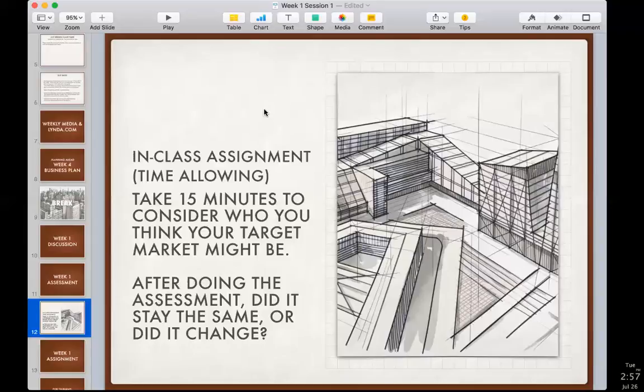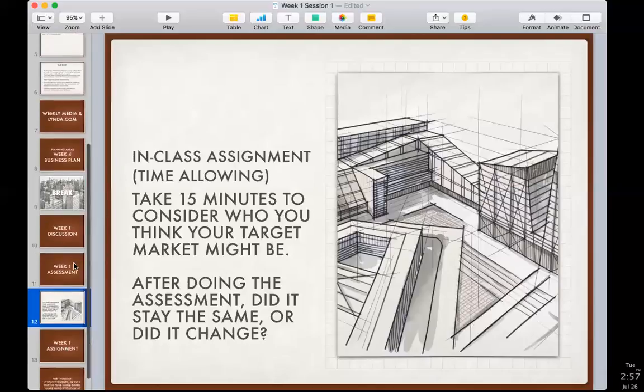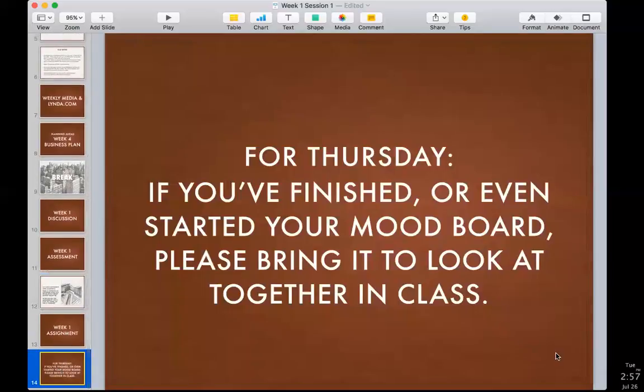All right, well, great. Any questions at all on the assessment for the week then? Okay, so for Thursday, this isn't required, but anyone who's finished with or even started on your mood board, bring it to class.